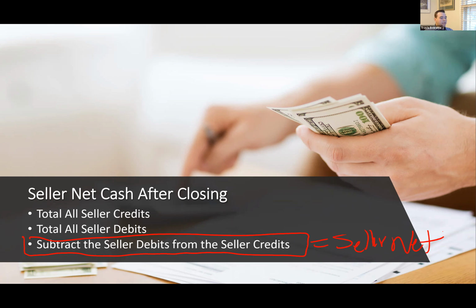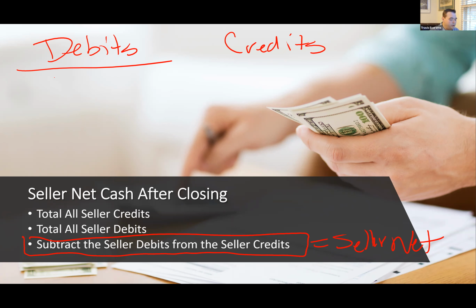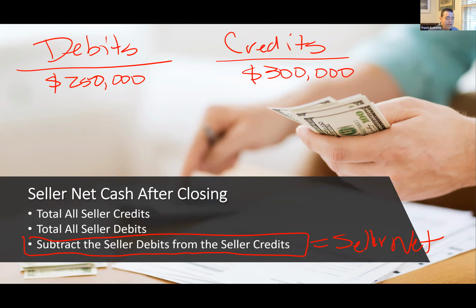So it's just a list of, here are my debits, here are my credits. So let's say I have debits that total $250,000, and I have credits that total $300,000. If I subtract those two, my cash net for my seller is $50,000.